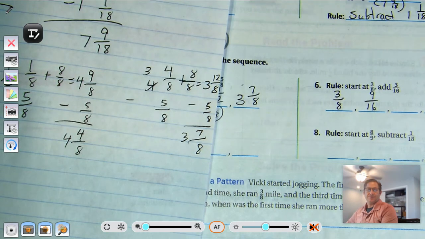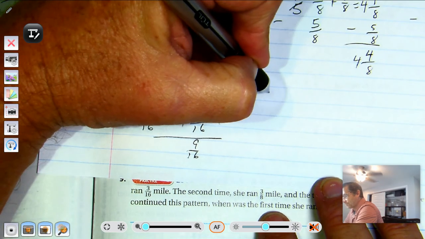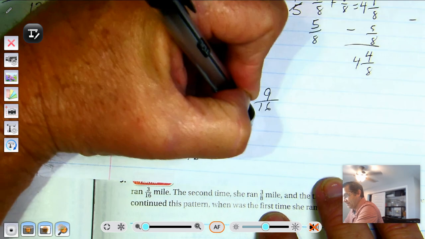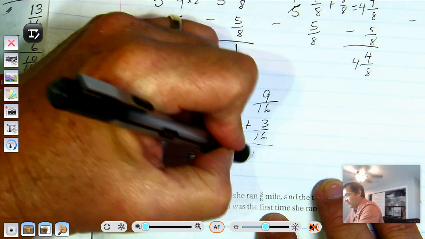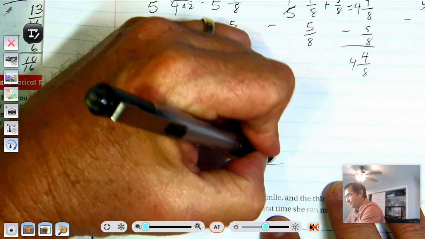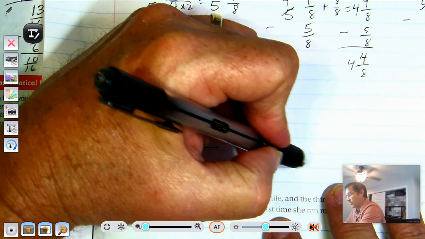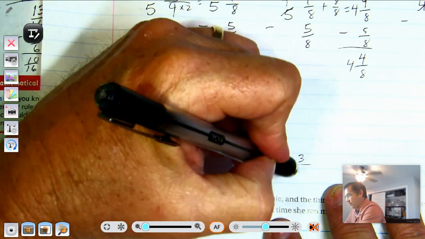So 9/16. Now let's add 3/16 to that, and we'd have 12/16. But 4 is a common factor to both 12 and 16. So 12 divided by 4 is 3, and 16 divided by 4 is 4. So 3/4.